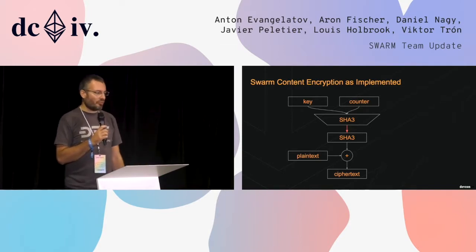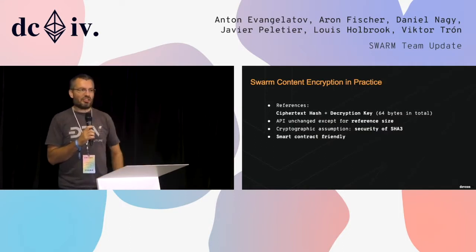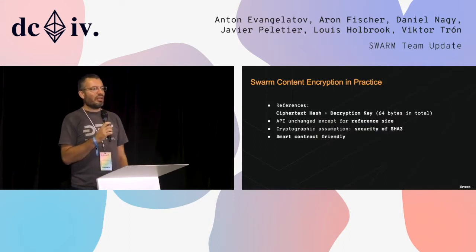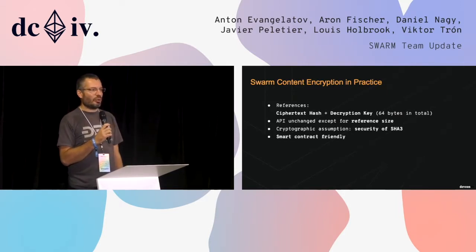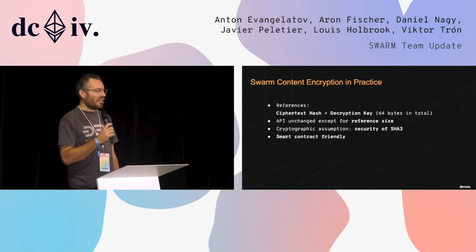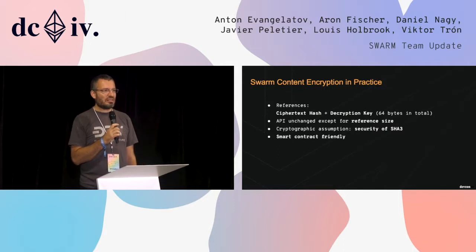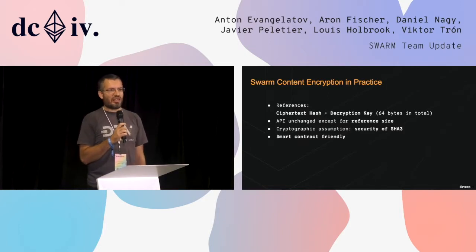So this is how we encrypt. And in practice, for application developers, this means the following: compared to unencrypted Swarm, the references are no longer plainly root hashes, but hashes of the ciphertext plus the decryption key. So they have grown from 32 to 64 bytes, but otherwise nothing else has changed.